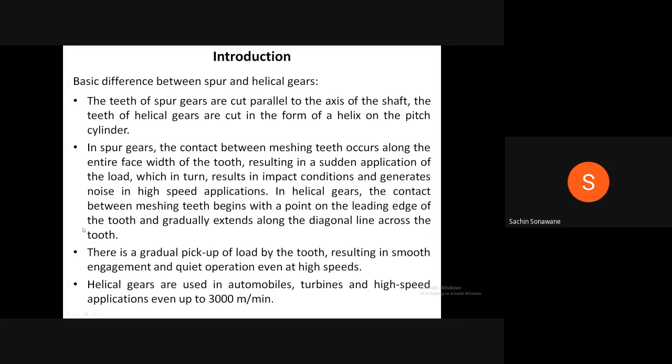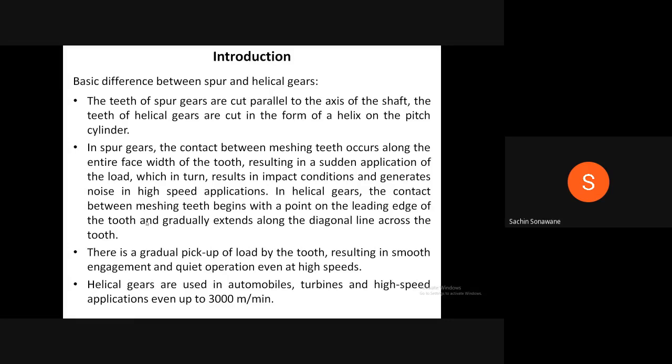That means in case of spur gear, when two teeth are coming in contact with each other, there is a sudden impact of one tooth on another tooth. And in case of helical gear, first of all, contact will take place at a point and then that contact will go up to line contact gradually.